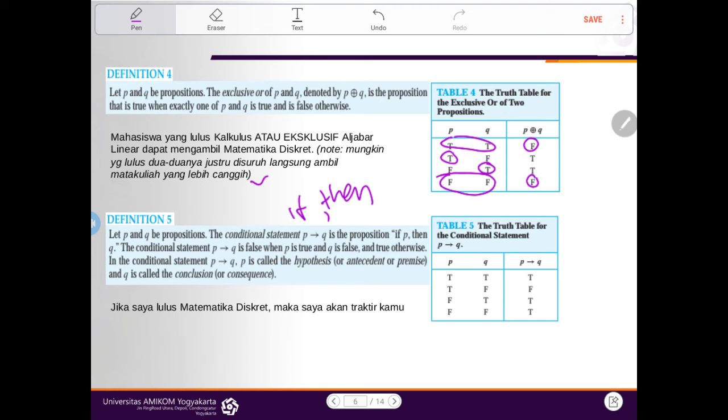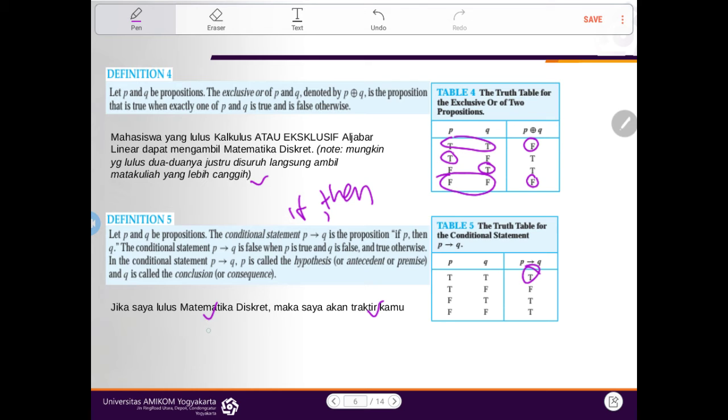Logically, if I pass discrete math, I will treat you. So if I pass and I treat you, this is true as expected.